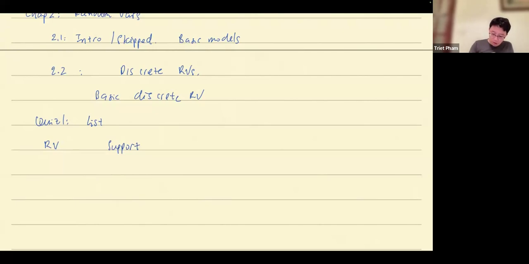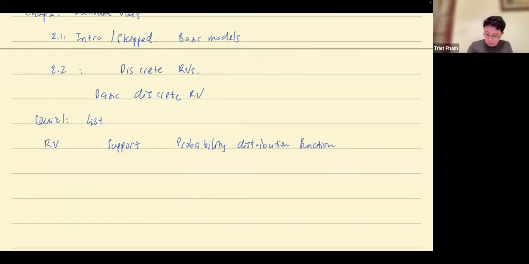Now the probability distribution function, in which case the abbreviation is still PDF, but usually PDF is reserved for probability density function. So let's just write the whole thing out.